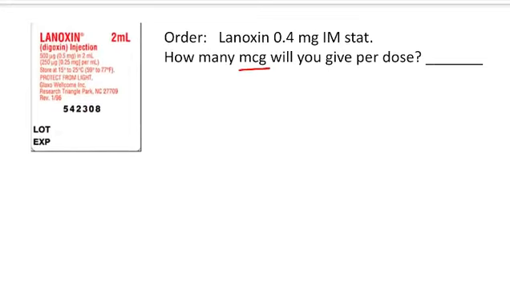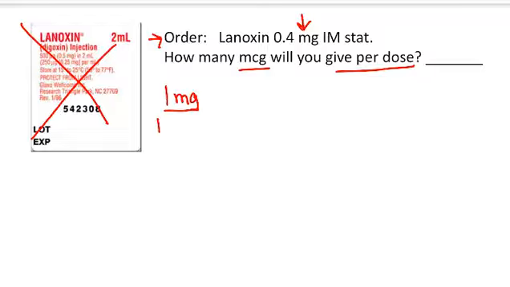How many micrograms per dose? Micrograms per dose. Don't care about this. Care about my doctor's order. Doctor's order is written in milligrams. So what this question is asking me to do is convert 0.4 milligrams into micrograms. And what do I know? I know that 1 milligram equals 1,000 micrograms.